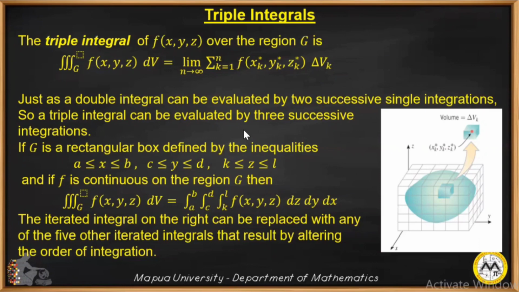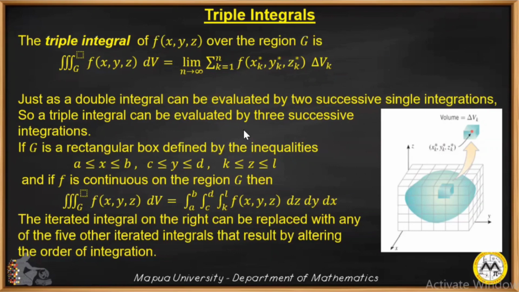But of course, we can have the four other iterations of the differential of v. Let us write it here: dy dx dz, dy dz dx, dx dy dz, and dx dz dy.